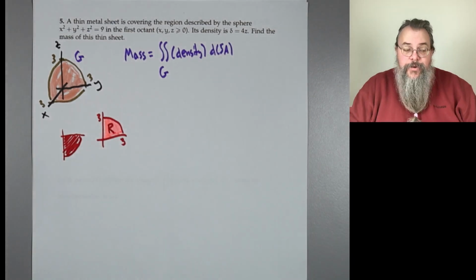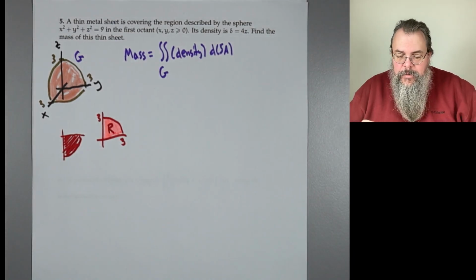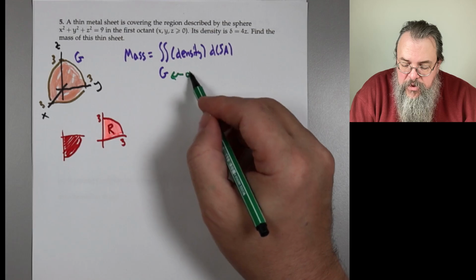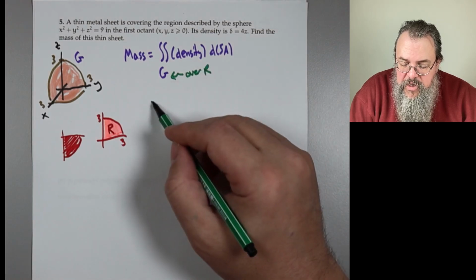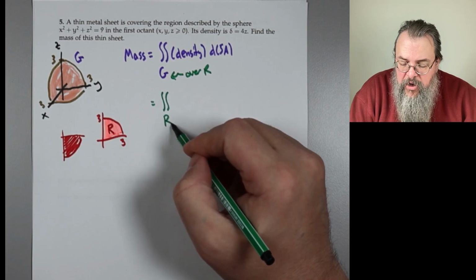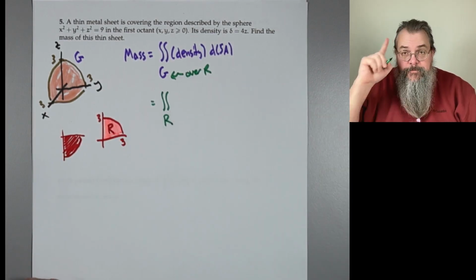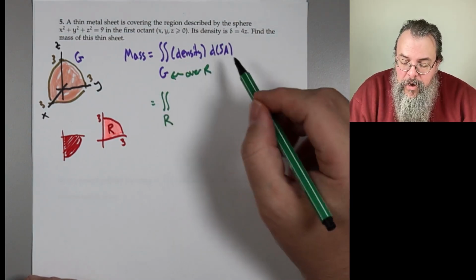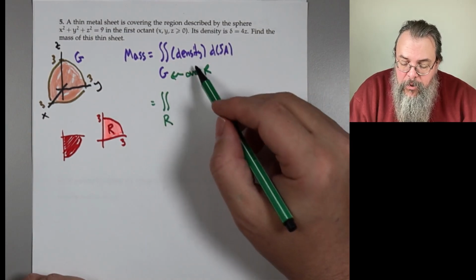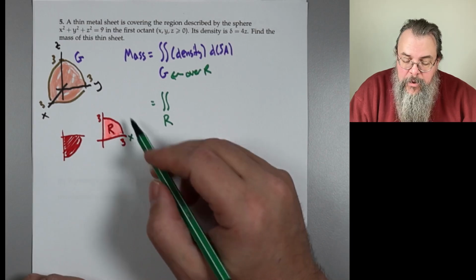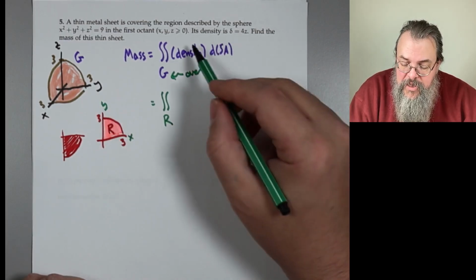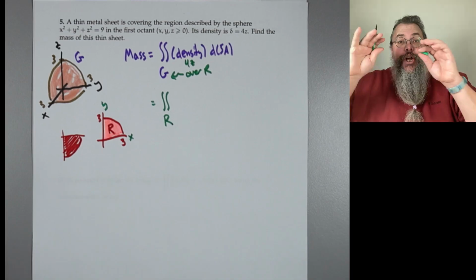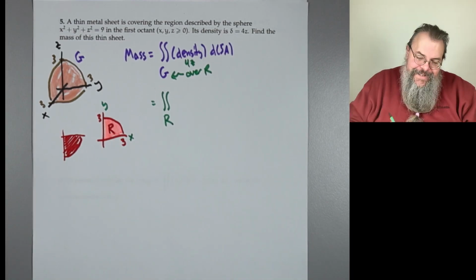Well, okay, so that's a great story. And here we go. Because G is over the region R, this is going to become the integral over the region R of our density function. Now, let's be careful here. When we're in R, we want our density to be only in terms of x and y. Well, notice our density function is 4z. Can we put 4z there? No, we cannot. Why not?